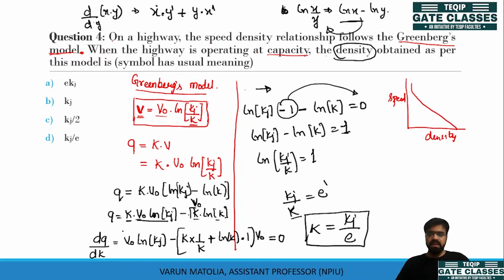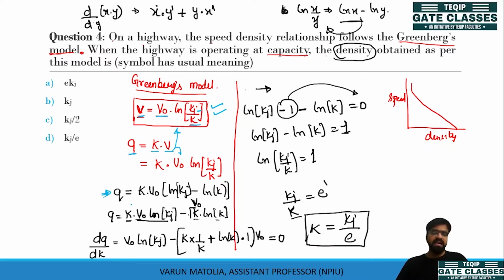Let us go back and discuss this again. What we have done: we know this is your Greenberg's equation in terms of free flow speed, jam density, and density at the particular position. The velocity is given. We know the flow is equal to density into velocity. We have the equation of velocity here, we'll put it, and the complete equation is given here.